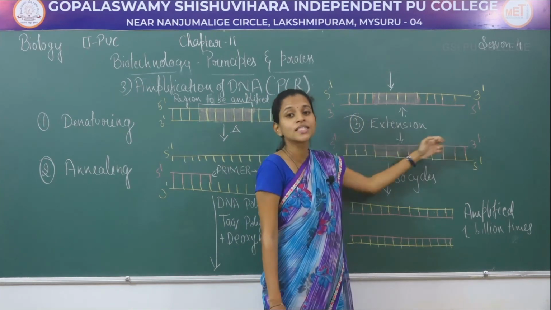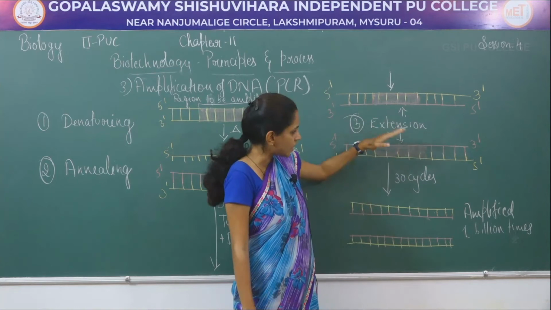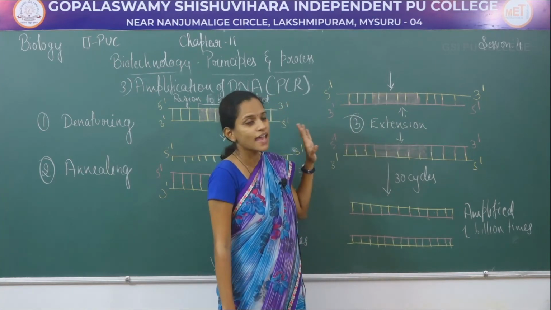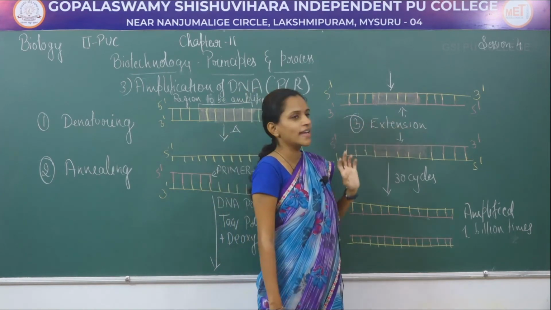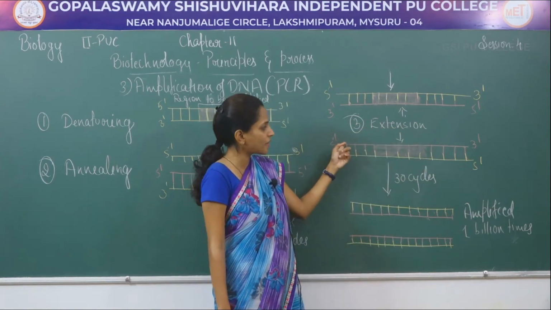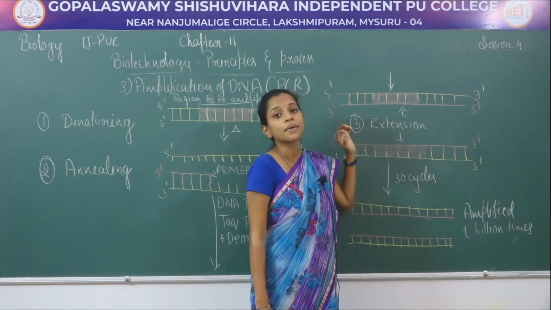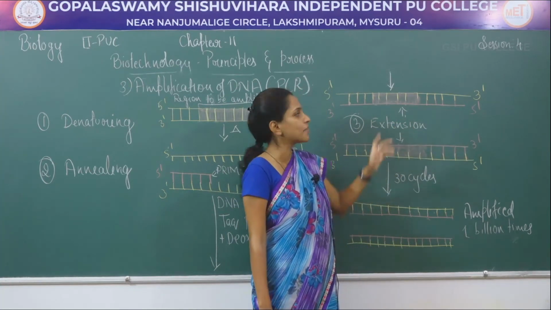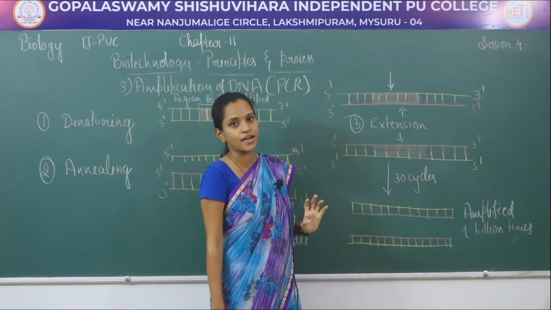Now the primer will start to produce nucleotides which are complementary to the DNA template which was available. This process is called extension. So from 5' end to 3' end, the primer will start to produce complementary DNA to the DNA template. It is the same in the case of the first strand also.